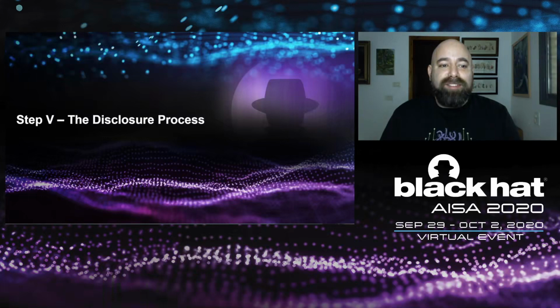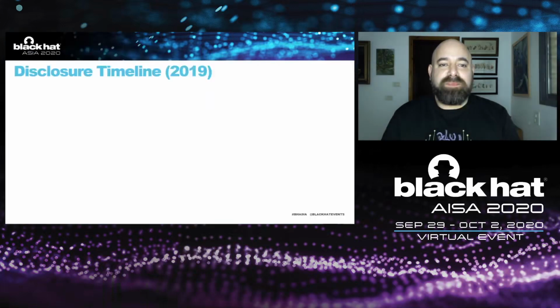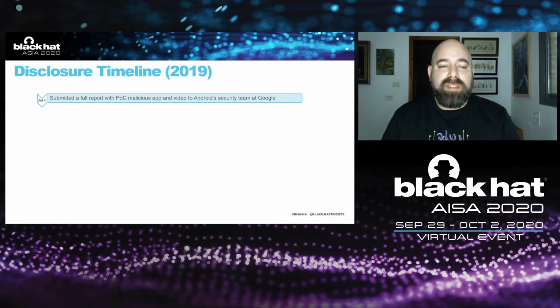So, step 5, the disclosure process. The disclosure timeline all happened in late 2019. It started in July when we submitted a full report with POC, with one of the first malicious apps that we created, and a video to the Android security team at Google. Google got it and set the severity of the finding as moderate.